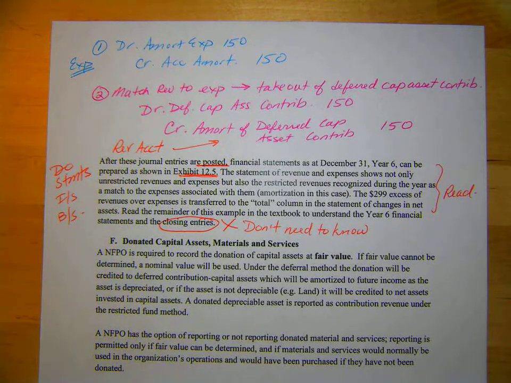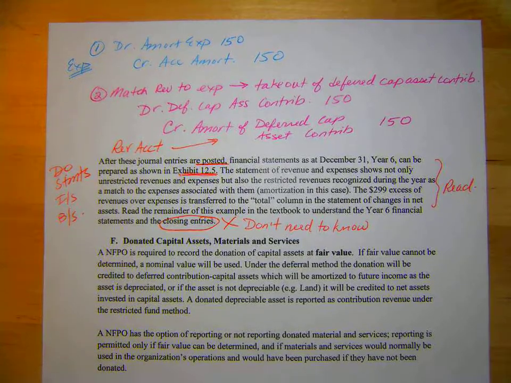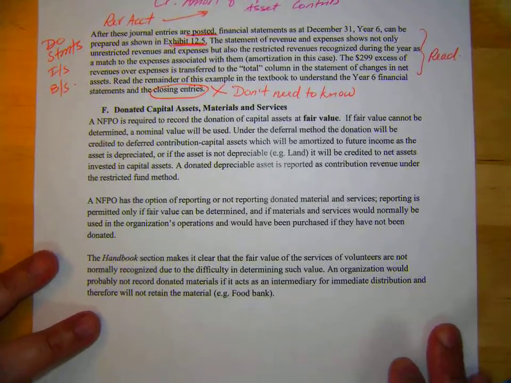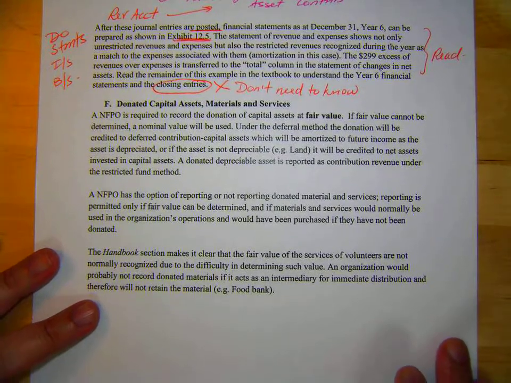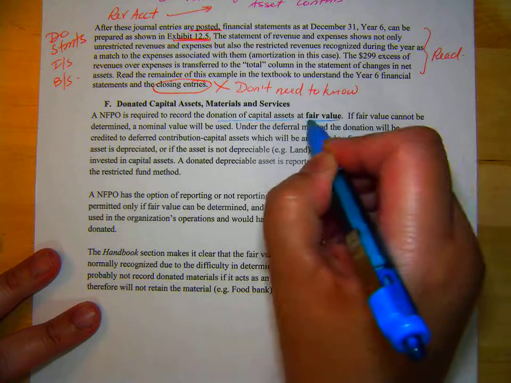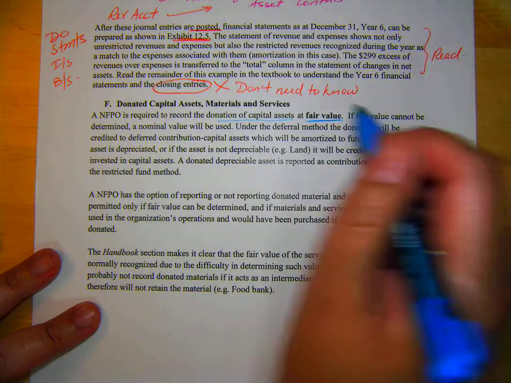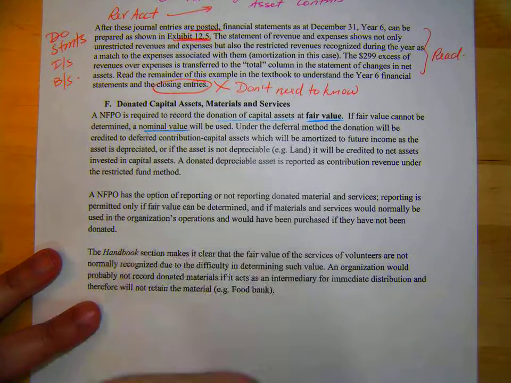Now we're going to talk about part F, which is donated capital assets, materials, and services. A not-for-profit organization is required to record the donation of capital assets at fair value. If fair value cannot be determined, nominal value will be used. So you'd use the lowest expected value.